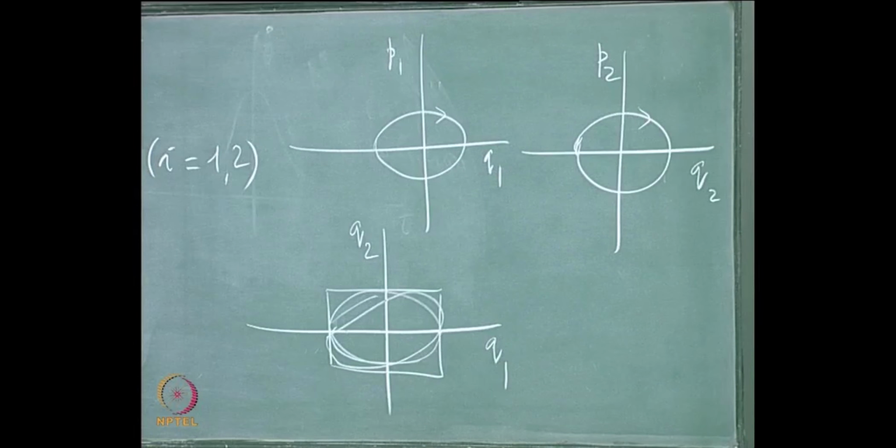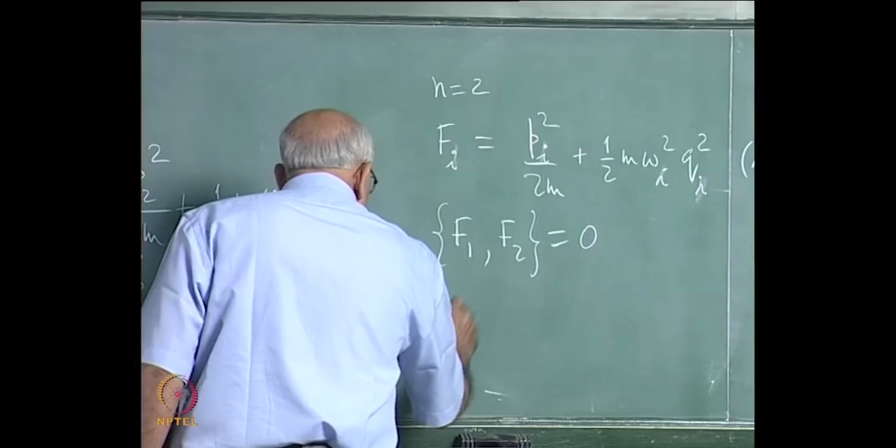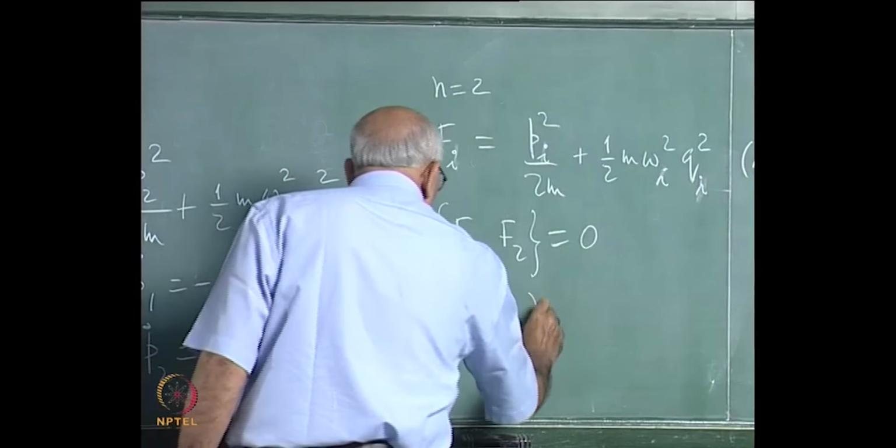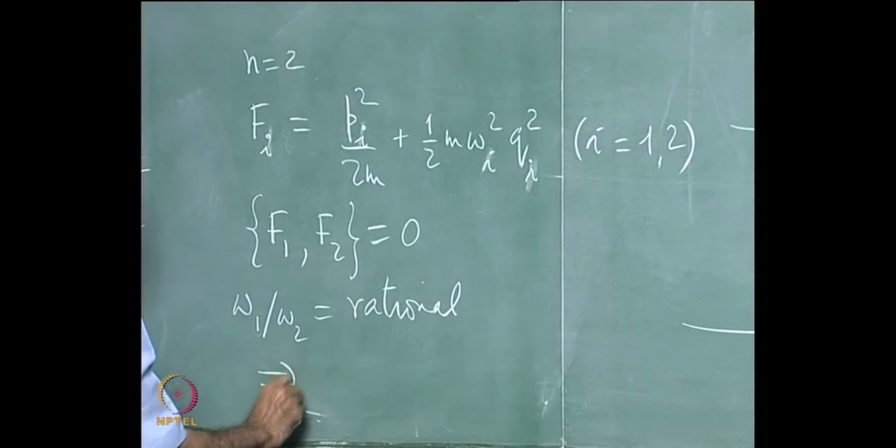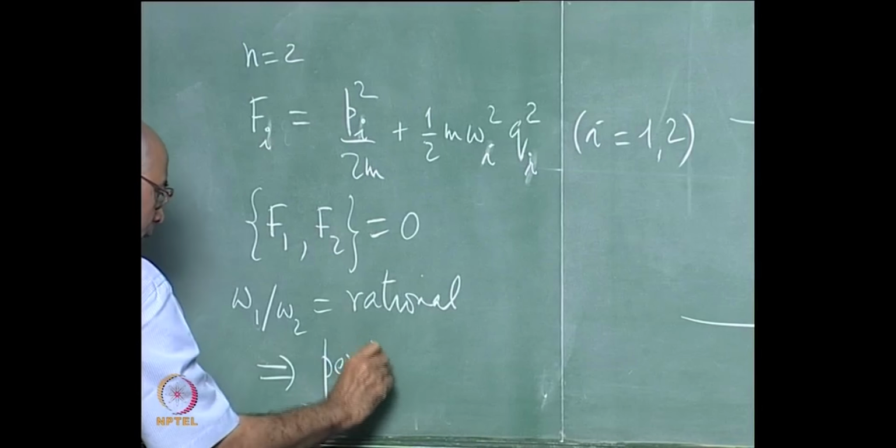So it is clear, and we know this from elementary physics, that if omega 1 over omega 2 is rational, it implies periodic motion.